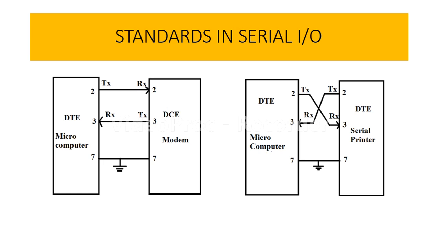As we know, pin number 2 is for transferring the data and pin number 3 is for receiving the data. Now here you can see that the transmitter and receiver lines are crossed over, and this crossing over of the lines is called a null modem connection.